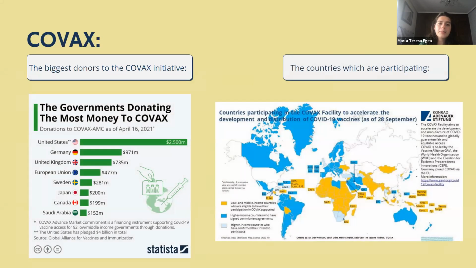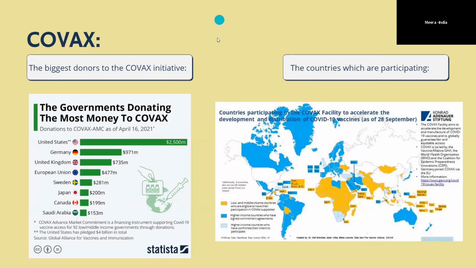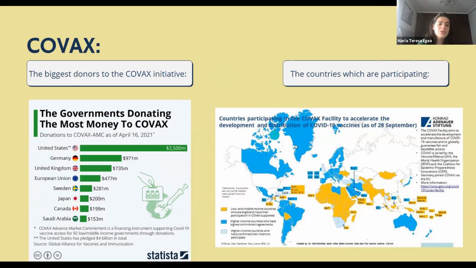Here's some more information about the COVAX initiative. It was originally created to help 92 low and middle income nations, and it is being funded by the COVAX Advanced Market Commitment. On the screen, on the first image, you can see the governments which are donating the most money to COVAX, and as of April 2021, the governments donating the most are the United Nations, Germany, the United Kingdom, the European Union, Sweden, Japan, Canada, and Saudi Arabia.